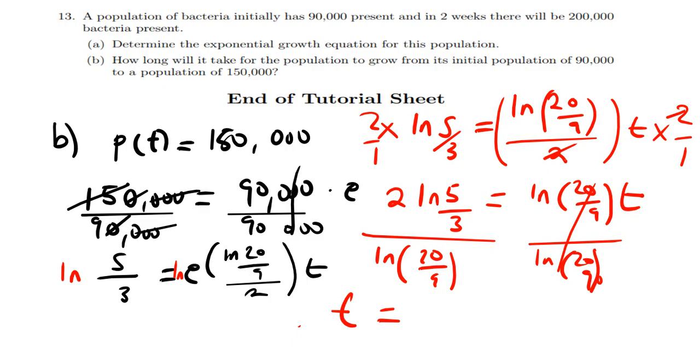Now using the calculator, I'm finding 1.39. That is the time. You're able to see that the time we're given is in weeks, so this time will be in weeks. So the time is approximately 1.39 weeks. So it would take approximately 1.39 weeks for the population to grow from that 90,000 to about 150,000.